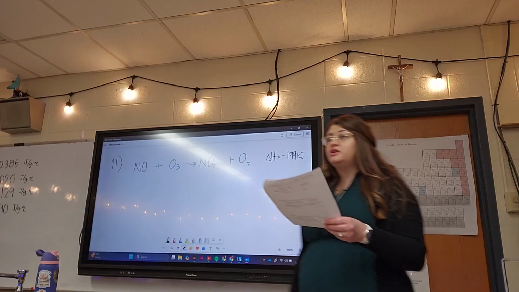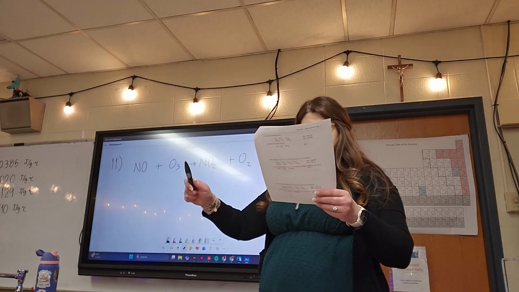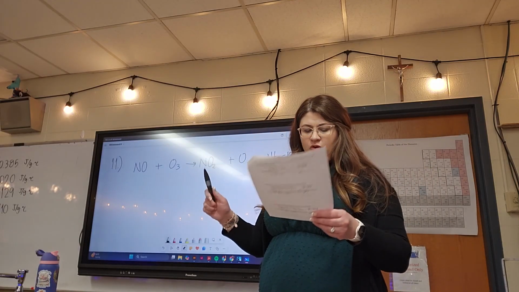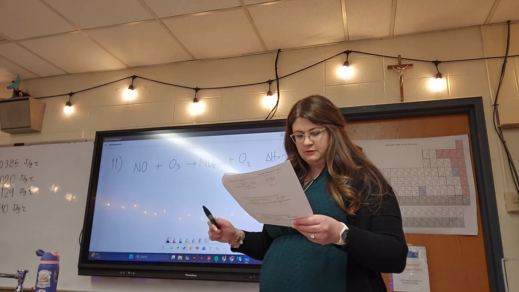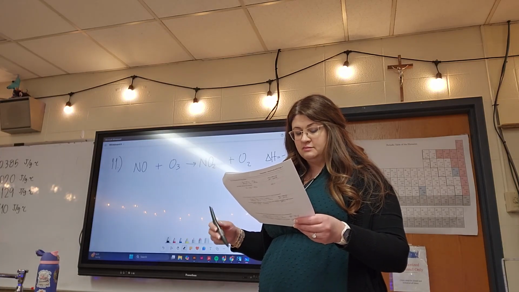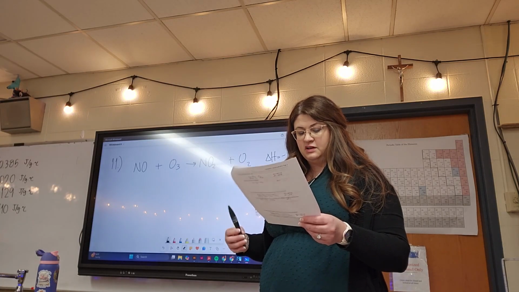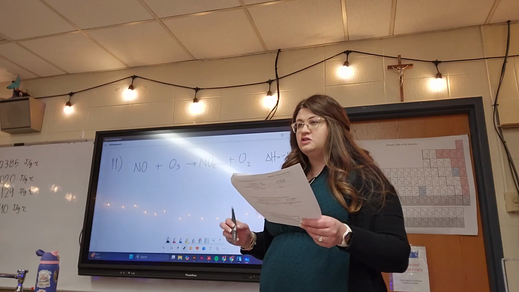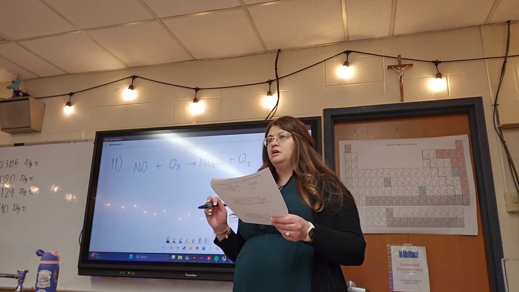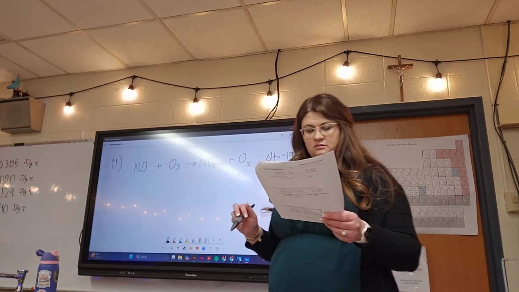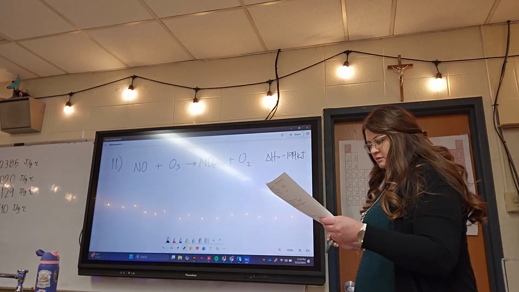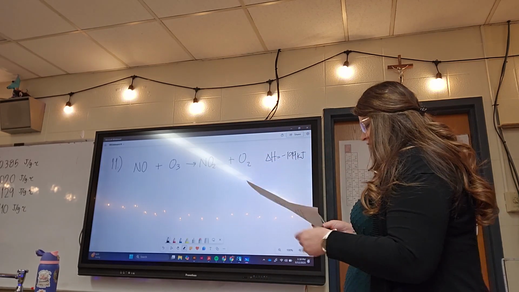Okay, so now we're looking for just O. Does just O appear only once? Yes, in the second equation it only appears once. You're just looking for oxygen in its monatomic state. There's a 2 in front of it, that's true.